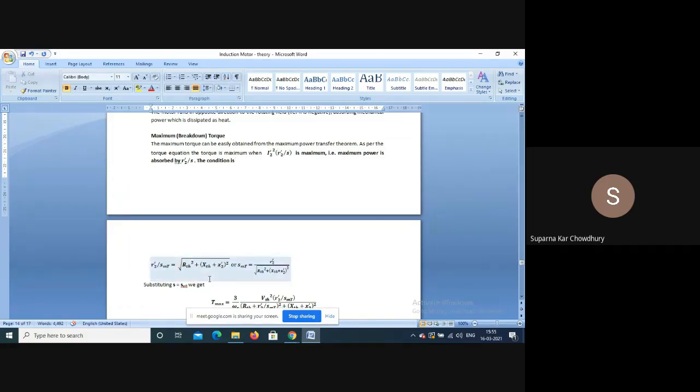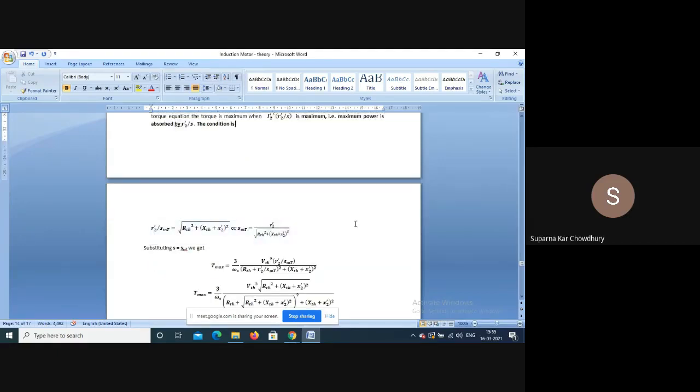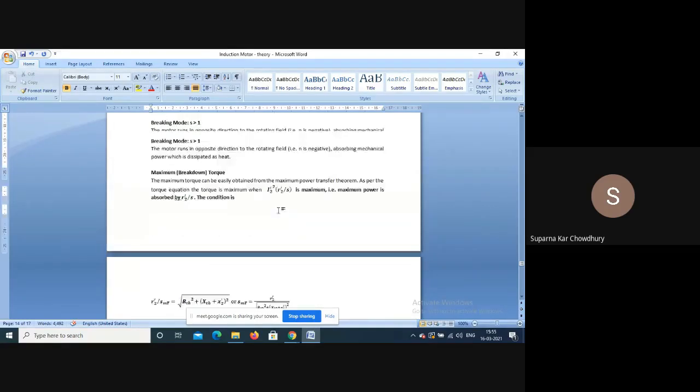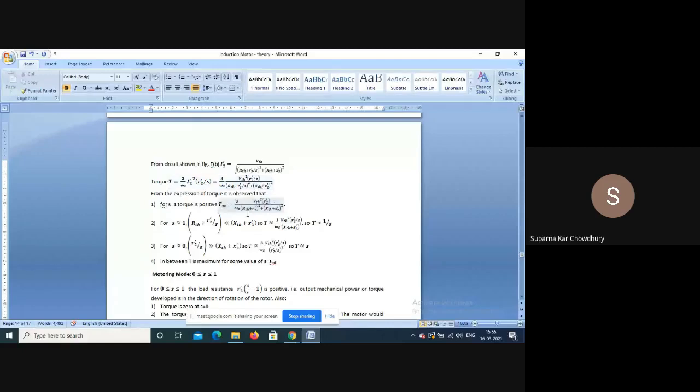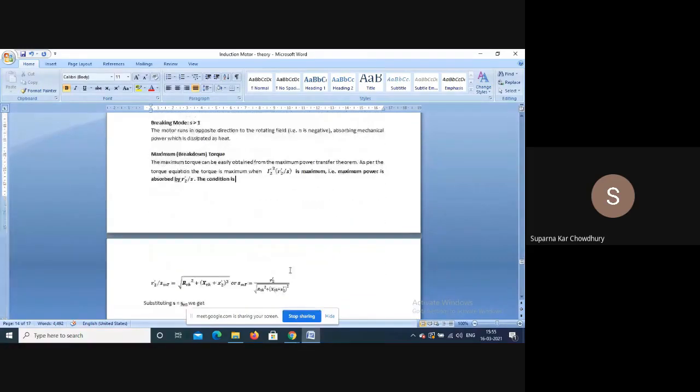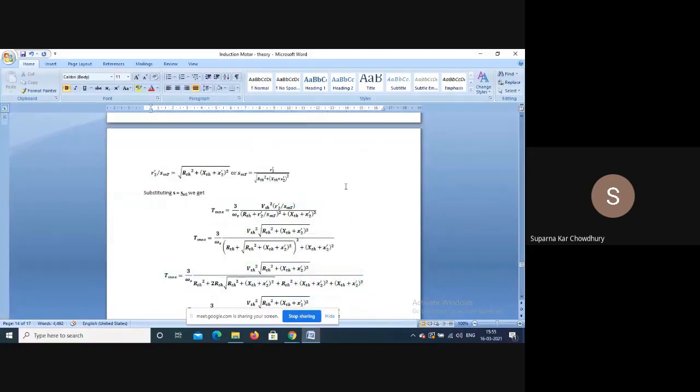So SMT, the slip at which maximum torque occurs, will be R2 dash divided by root over of R Thevenin square plus X Thevenin plus X2 dash square. Note one thing: the slip at which the maximum torque occurs is directly proportional to rotor resistance. Also, the starting torque is directly proportional to the rotor resistance. So these two values are proportional to the rotor resistance.